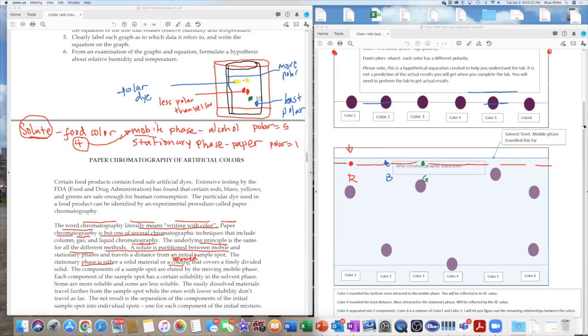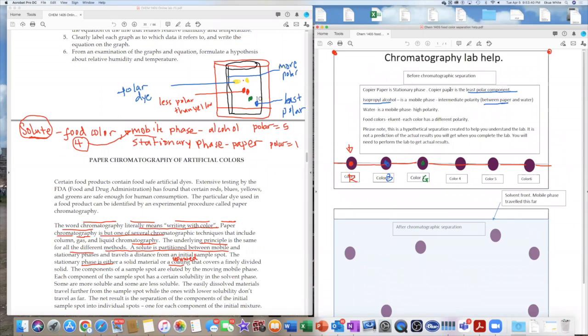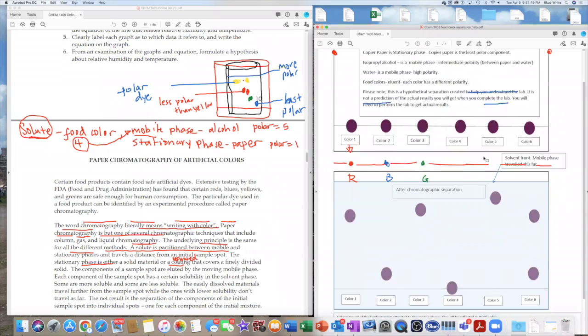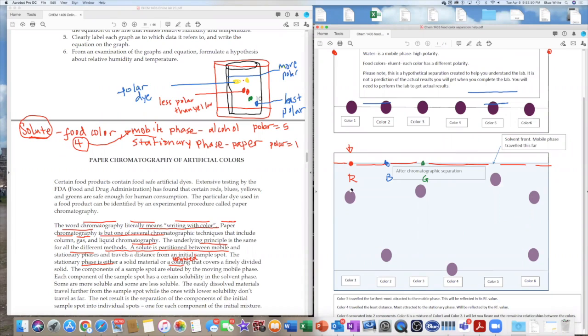So imagine this piece of paper up here. This is the paper before you put it in the beaker. This is what the paper looks like, right? And this is the paper after you put it in the beaker. So we want to make sure we know what these levels are right here.